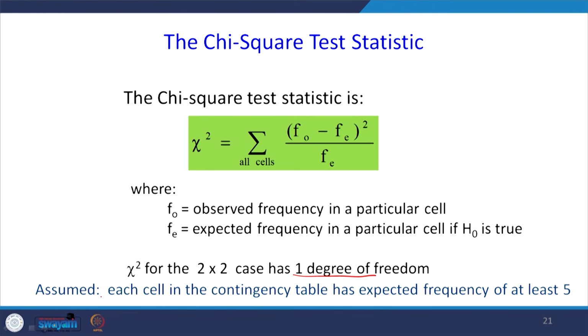An important assumption is that each cell in the contingency table has an expected frequency of at least 5. We have to make sure of that. If not, we have to collapse two or three columns to get an expected frequency of 5.